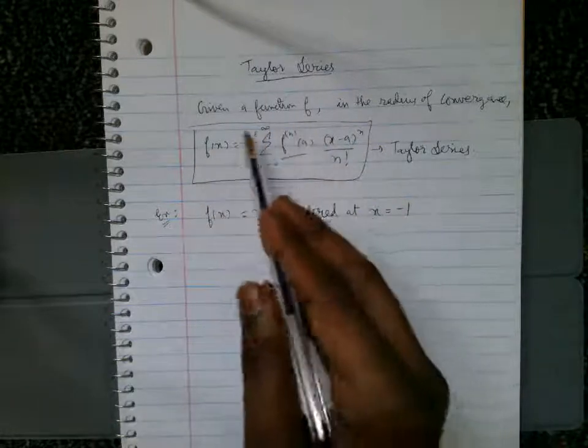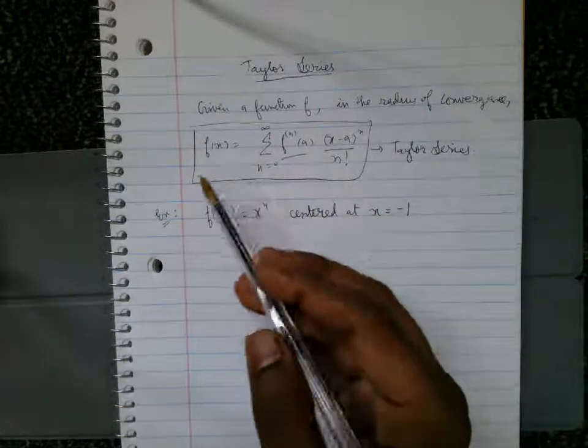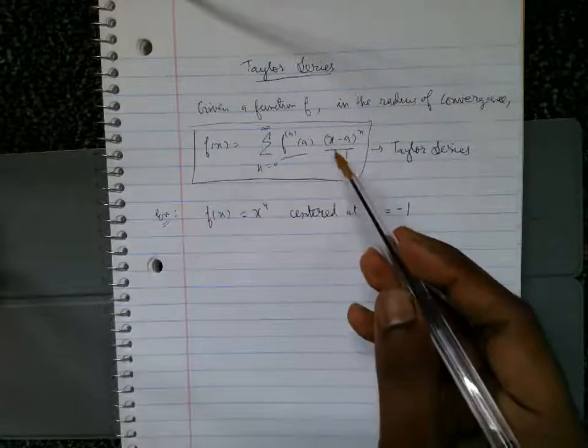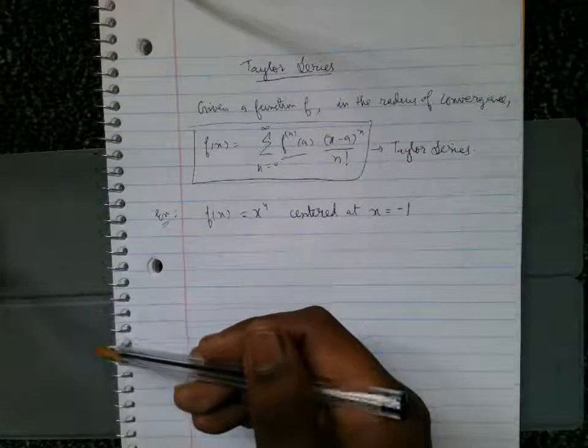All of this convergence only happens in the radius of convergence of f of x. So it may be possible that a function is not at all represented using the Taylor series.